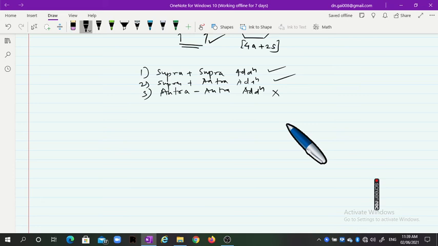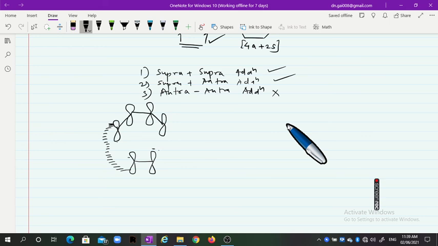Let us discuss the meaning of antarafacial. Both molecules are added antarafacially. We draw the orbitals of the first molecule and the ethylene orbitals.